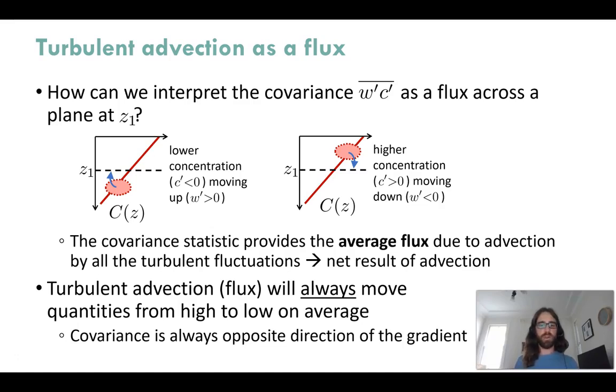So it's much like the molecular flux, which is always going to be in the opposite direction of the gradient, or down gradient. As I mentioned, this is taking high concentration regions and moving them down to where it's lower, or taking it where it's lower and moving it up to where it's higher.